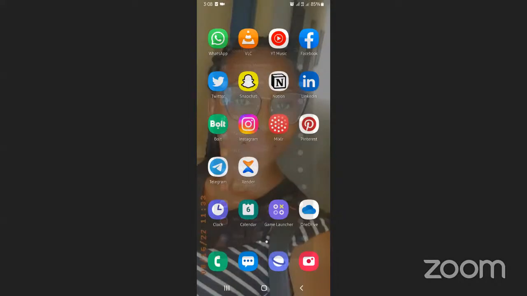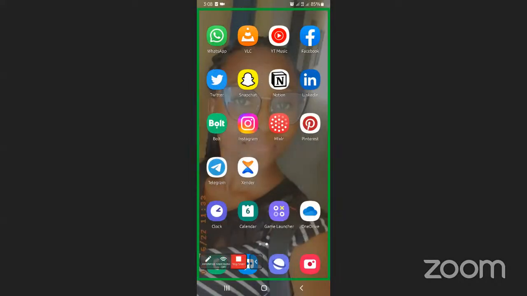Sorry, I'm actually having difficulty sharing my screen. Okay, can everyone see my screen now? Yeah, can you make it landscape?